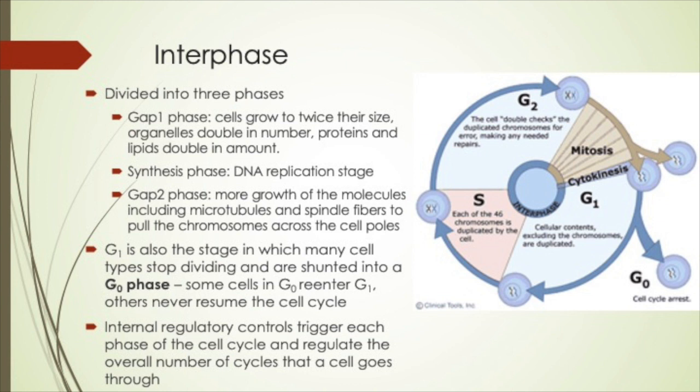First, we have the gap 1 phase, or what we call G1. In G1, the cell grows to twice its size. Organelles will double in number, proteins and lipids double in amount. Right?